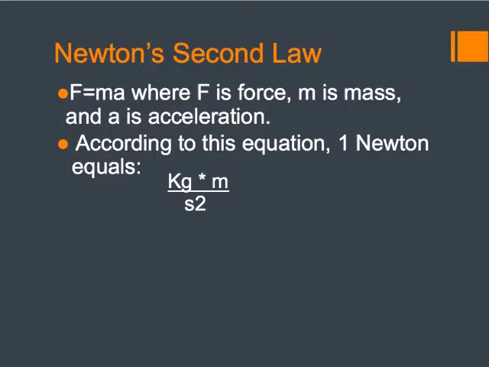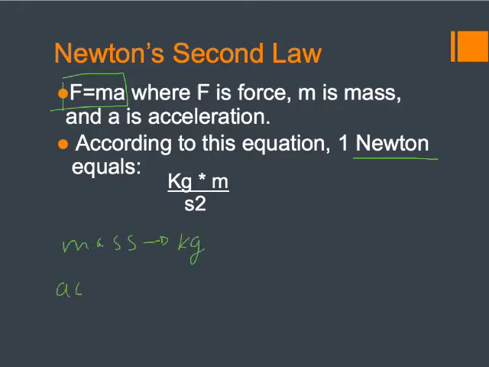Now, Newton's second law, very simply stated, is F equals ma. We'll get into this later, but for now, make sure you just know that Newton's second law is this equation. Force equals mass times acceleration. We talked earlier about the fact that force's units are newtons. Because of this equation, the units for mass are kilograms.